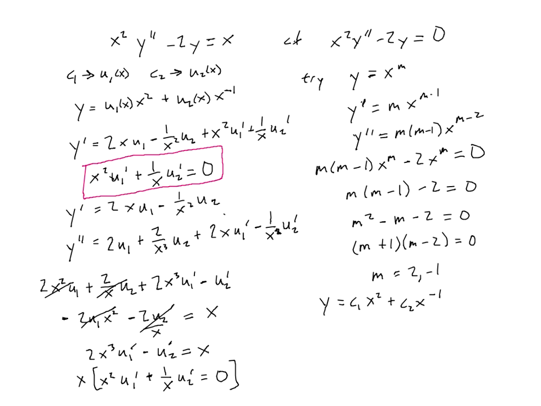And then I add these two equations together, and I end up with something like 3x cubed u1 prime is equal to x, and the other term just drops out. And so that gives me u1 prime is equal to 1 over 3x squared.